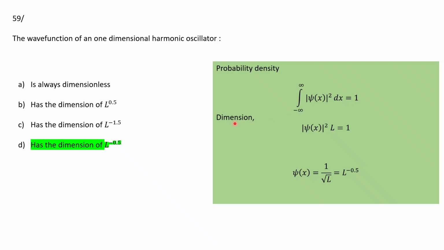Okay, and so from here we can see that the dimension is psi x square and dx has the dimension L and is equal to 1. Okay, and from here we can get that psi x will be equal to 1 by root L, that is equal to L to the power minus 0.5, and so here the dimension will be L to the power minus 0.5, which is option D.